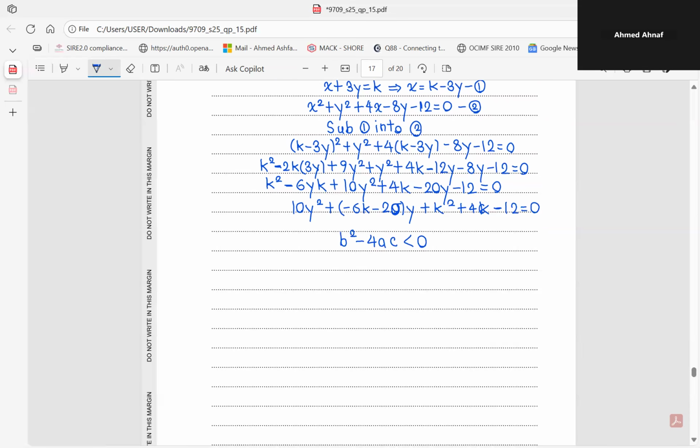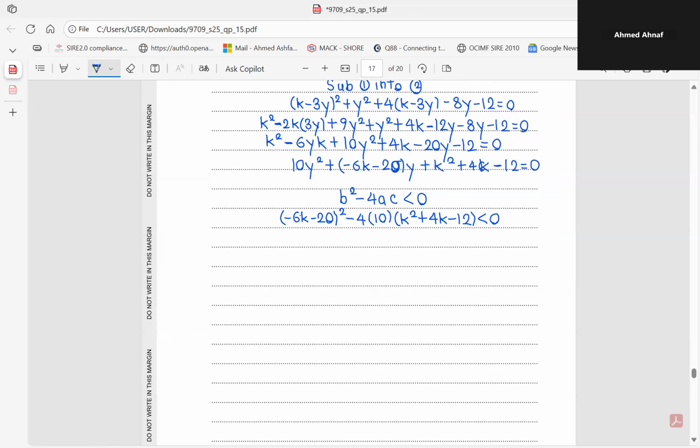So we would get b squared, which is minus 6k minus 20, squared, minus 4 times 10. So a is the coefficient of y squared, and then c is just the constant term, which is k squared plus 4k minus 12, less than 0.